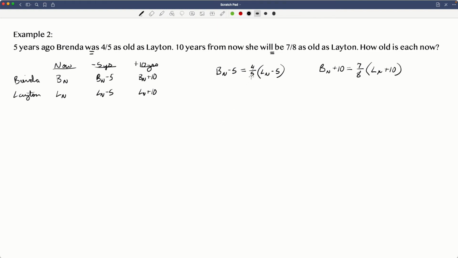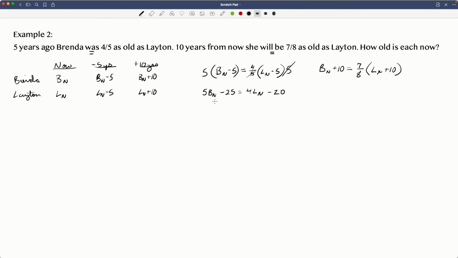So what we're going to do to get rid of these denominators is we're going to multiply both sides by the denominator, and that allows us to cancel it from here. So we can say 5 times Brenda now minus 25 is equal to 4 times Layton now minus 20.